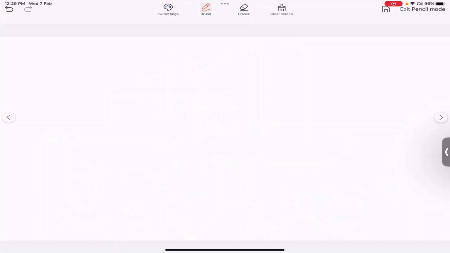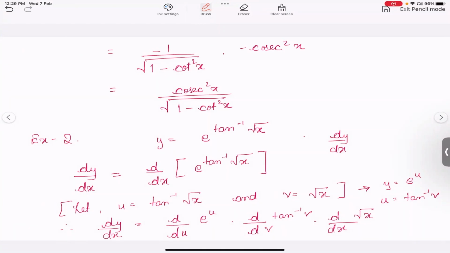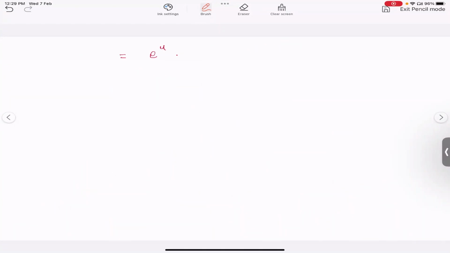So the derivative of e to the power u will be the same, e to the power u, times the derivative of tan inverse v, which you already know will be equal to 1 by 1 plus v square, times the derivative of root of x. It will go by d by dx of x to the power n is equal to n x to the power n minus 1.